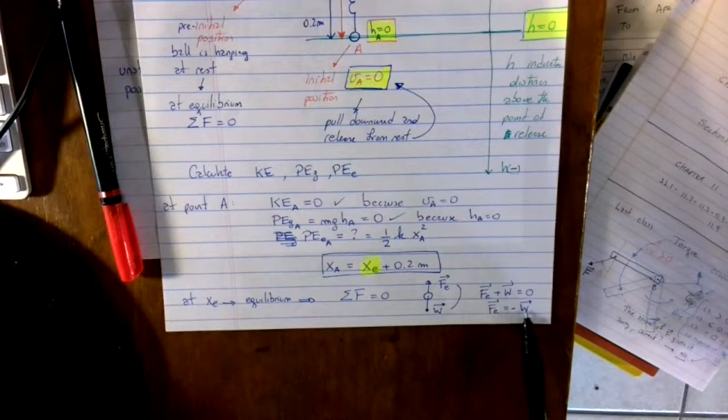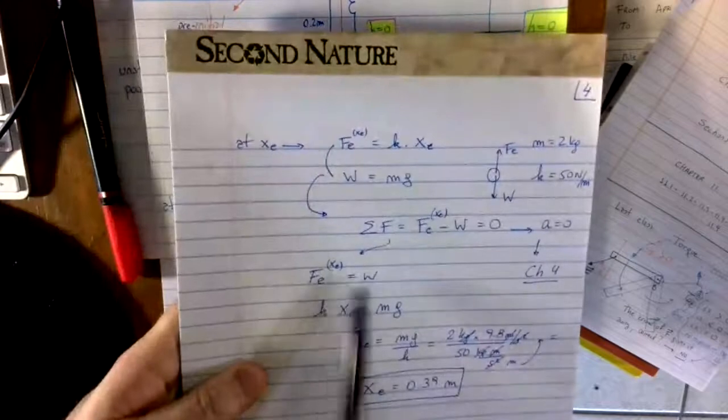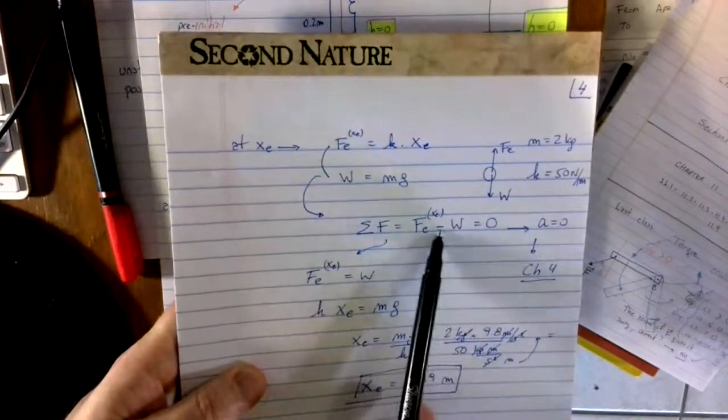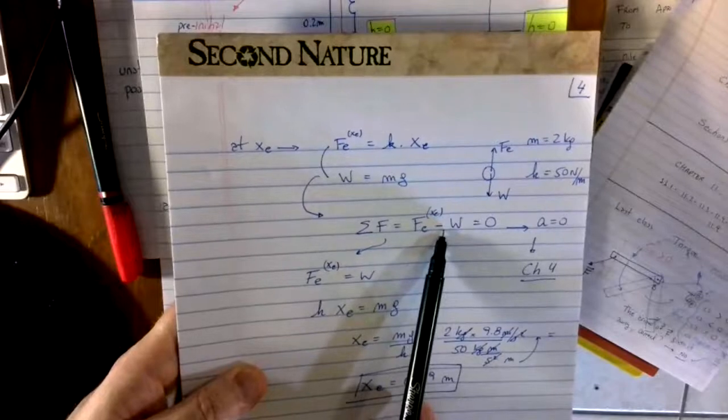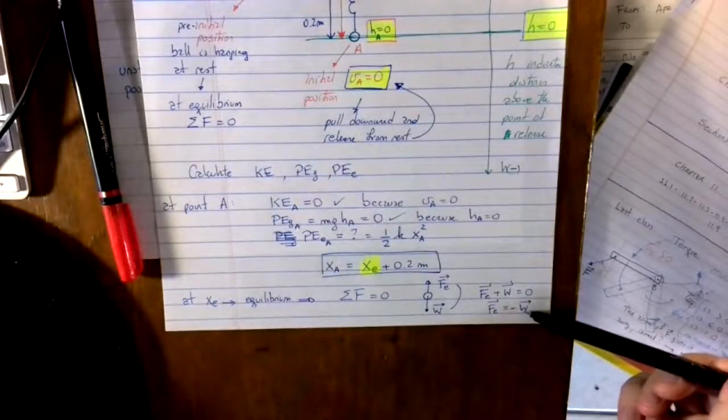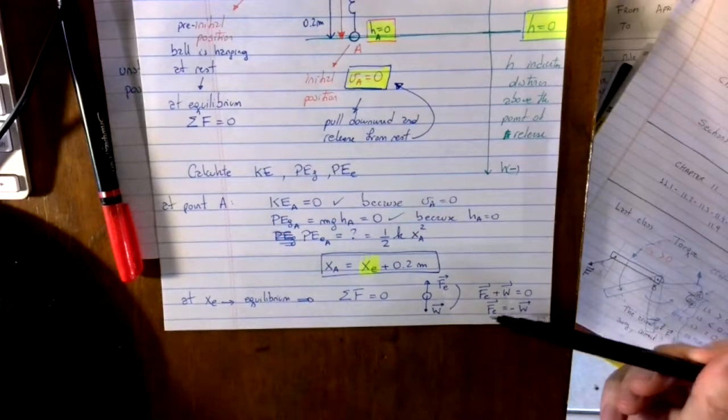Fe as a vector is minus W. That's the reason I put it here as a vector. Here it is already the absolute value, meaning that I put the negative here. In other words, the weight is negative, and with the negative here, you get an Fe that is positive. So be careful over there.